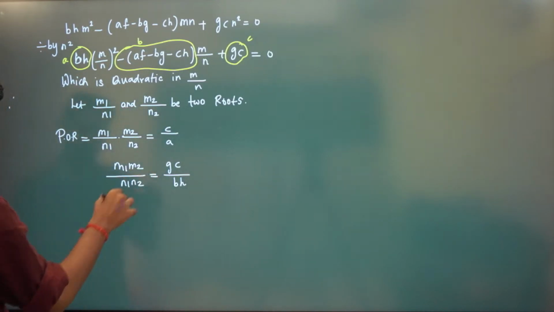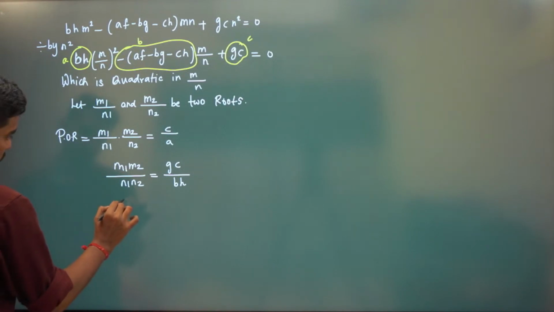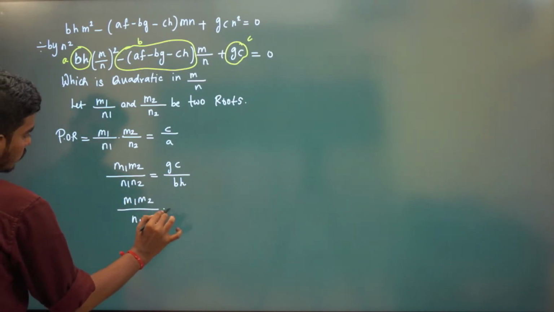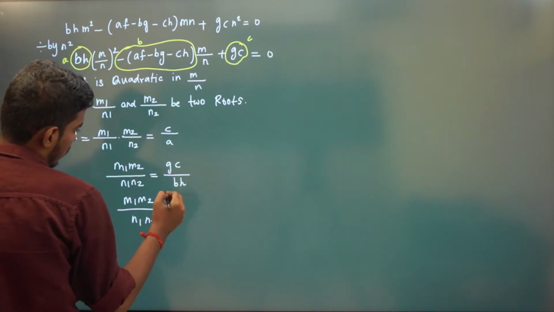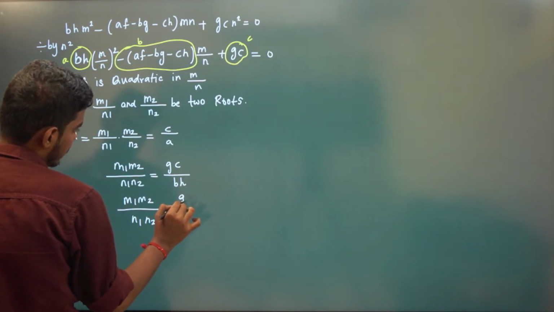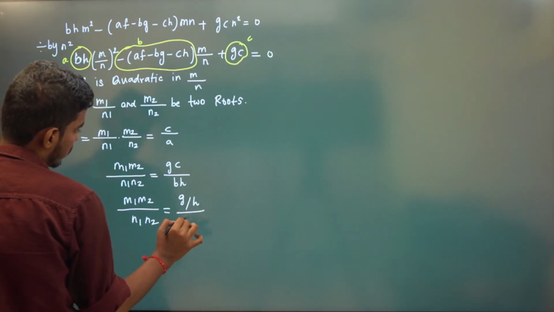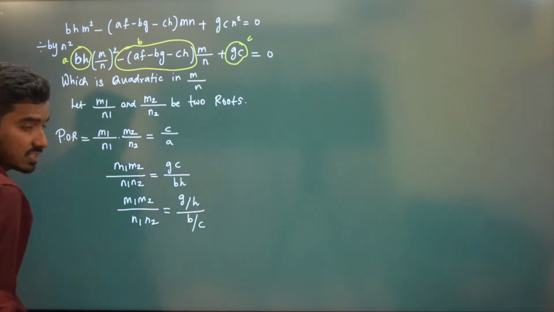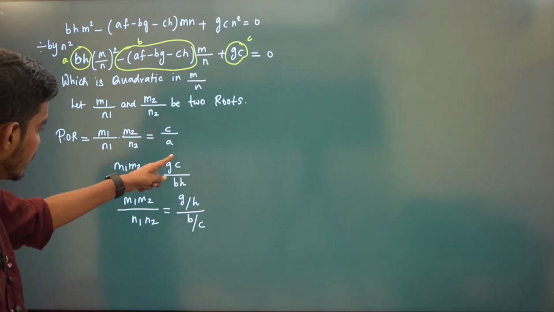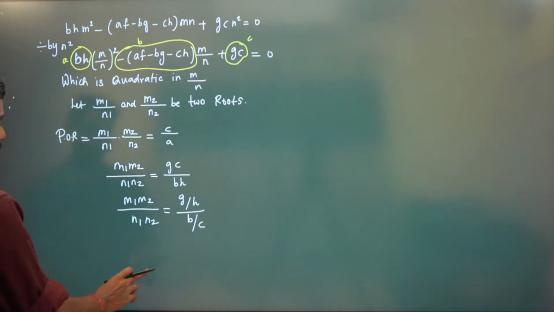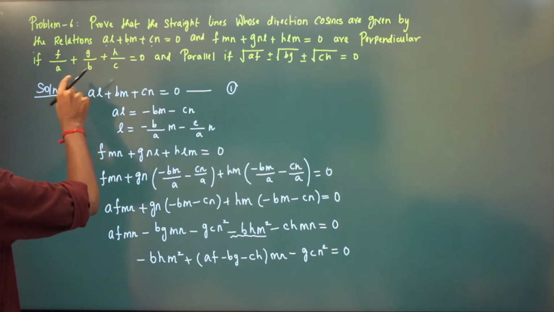Okay, so I can write this as M1 M2 by N1 N2 is equal to G by H divided by B by C. Both are same, right? Because I'm trying to bring this pattern.